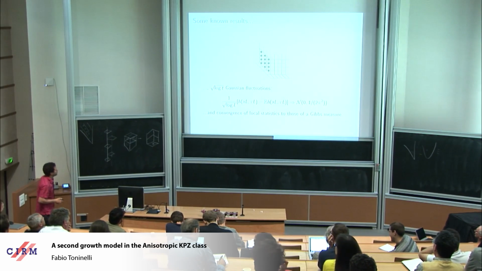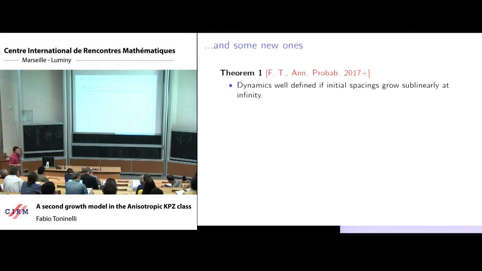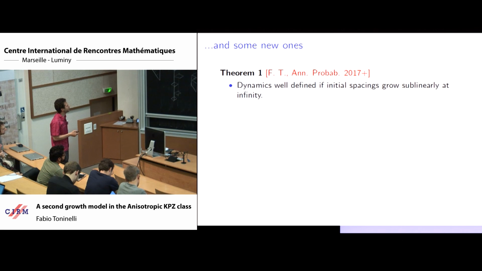All right, so let me give a few new results. The first result is that there is a large class of initial conditions for which the dynamics is well defined.